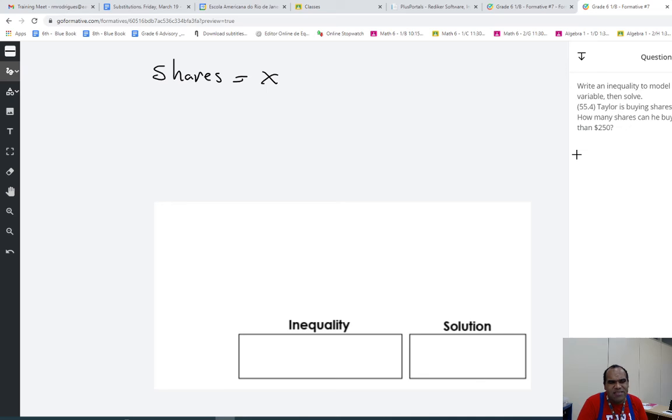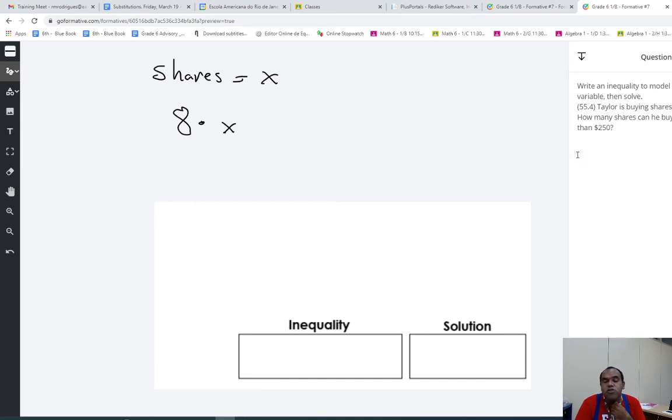Yes, you can use x, y, whatever. The shares is the thing we're talking about. Each one costs $8. Then it's 8 times x, because 8 each one.